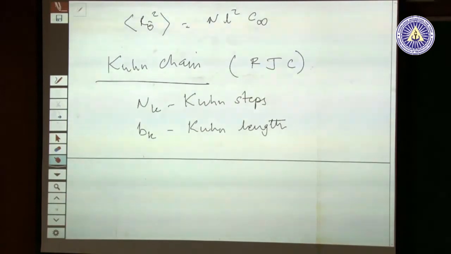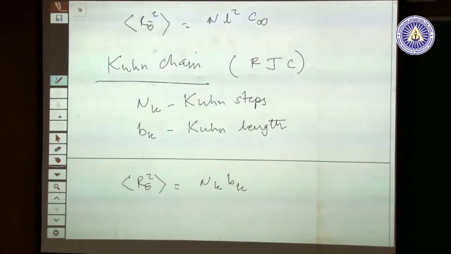Because it's a freely jointed chain, we can write right away that Re squared is nk bk squared, just like we had L squared times n. This Kuhn chain has super monomers of length bk, and there are nk of them, so we would write Re squared like this.